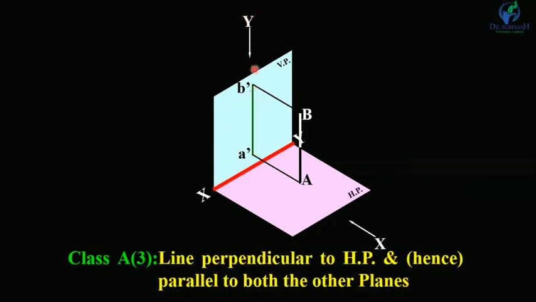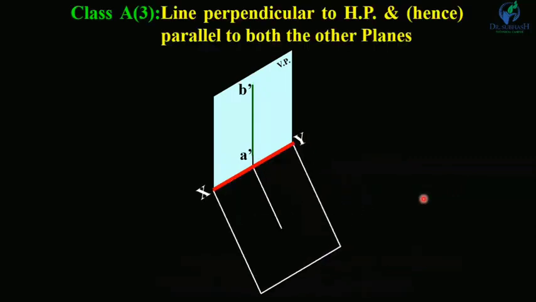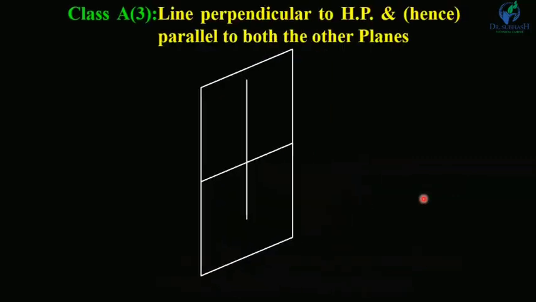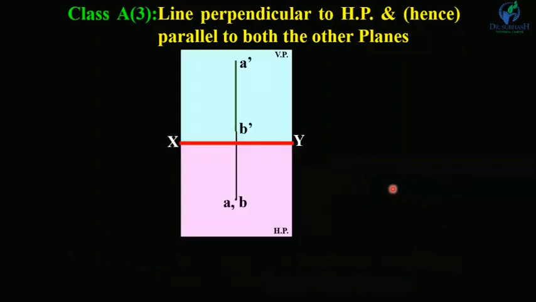Now looking from the top, the top view is the point AB, on the same point. Now if we rotate this HP by 90 degrees, you can see the line is perpendicular to HP, that's why its front view A dash B dash is perpendicular to the XY line and its top view is the point AB, right?